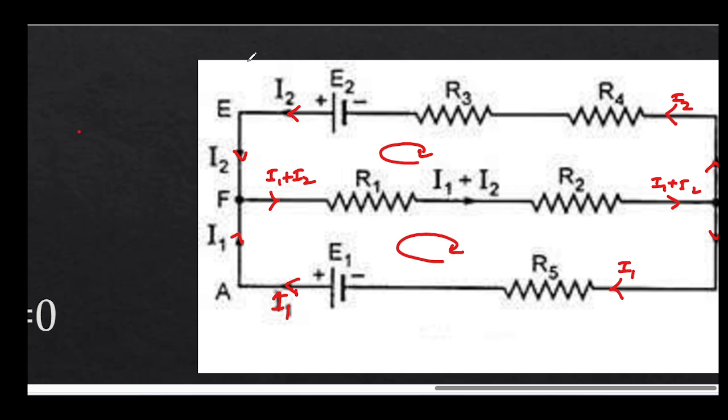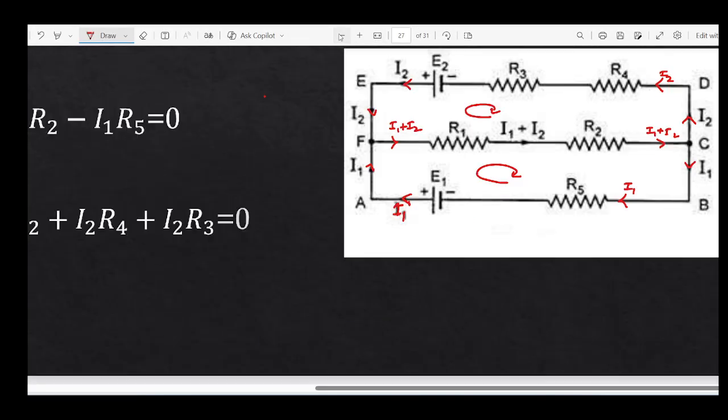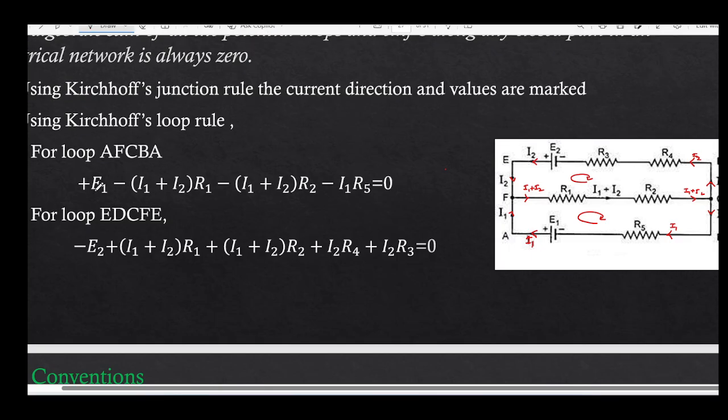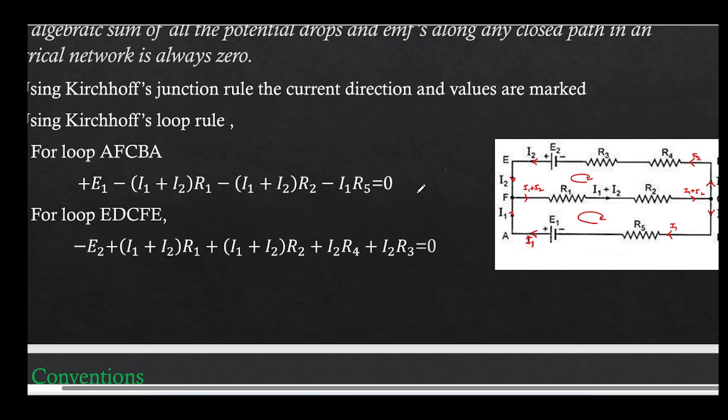How to apply Kirchhoff's voltage law? That is important. Here we have to consider EMF and the terminal potential differences. If you consider the traversal which is moving from positive to negative, you have to take negative EMF, or negative to positive, positive EMF.